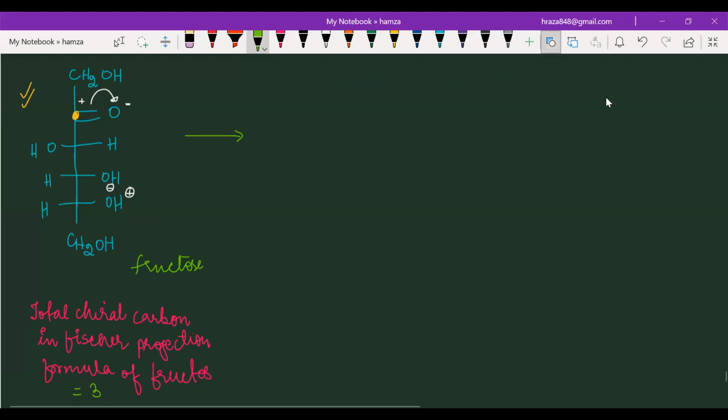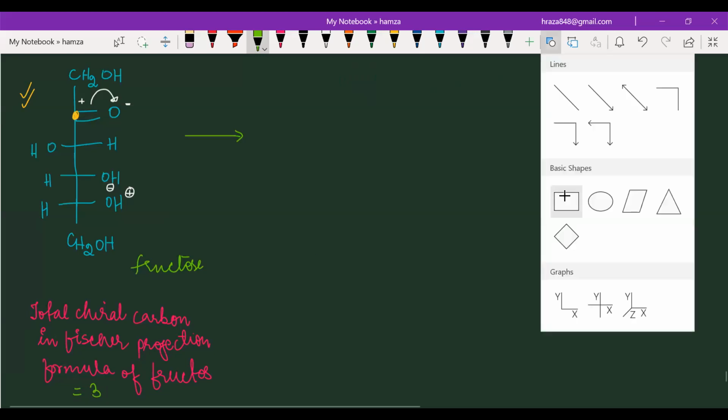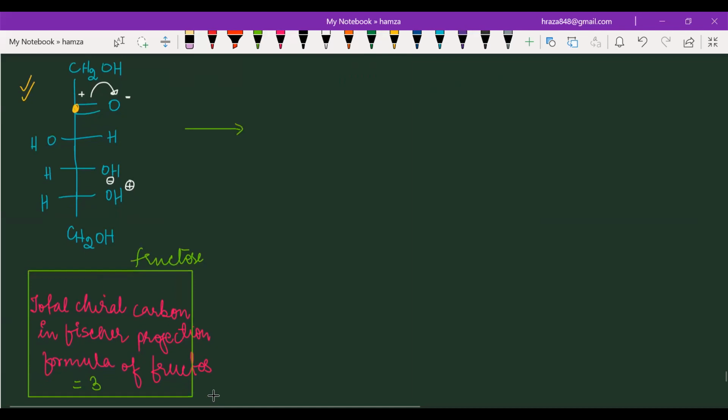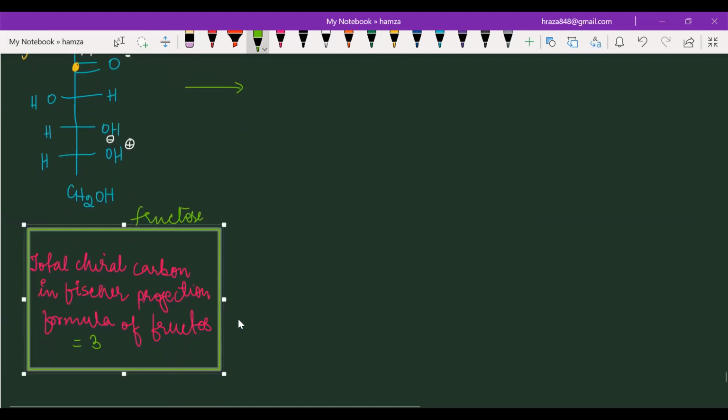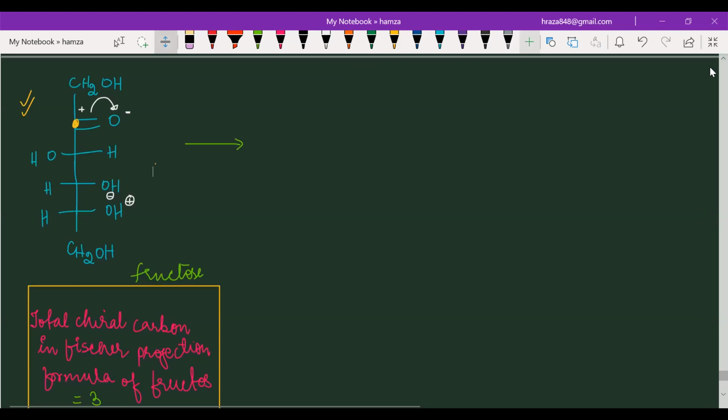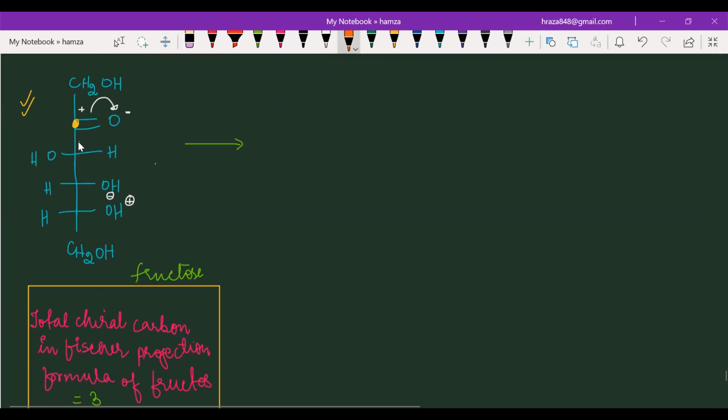It's very easy, I think. Right? Very good. So this is it, 3 carbons, and you can see which carbons: this carbon, this carbon, and this carbon.